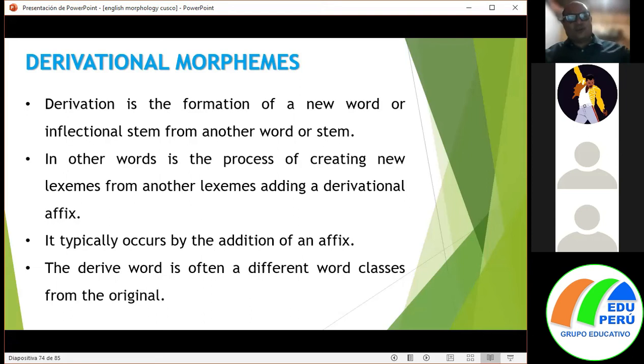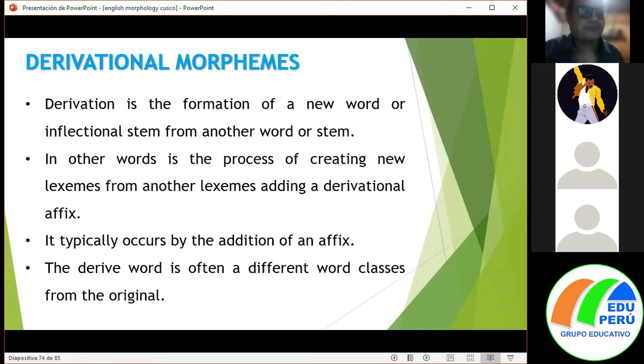Now let's go to another type of morpheme, derivational morphemes. Notice here, derivational morphemes. Derivation is the formation of a new word or inflectional stem from another word or stem. Stem, remember, the word stem is similar to say root, the basic form of the word.